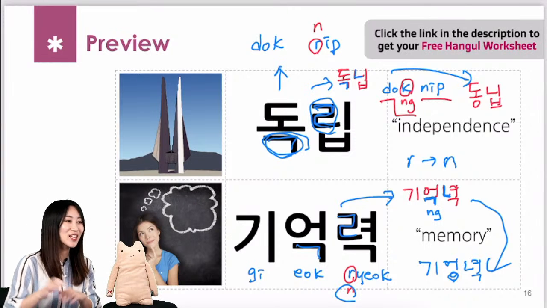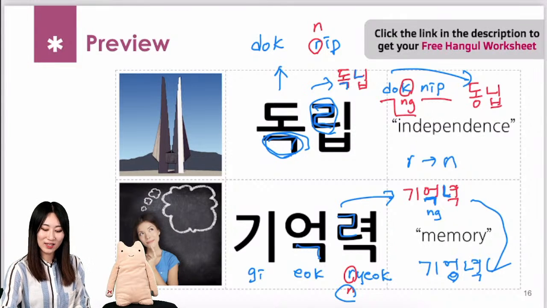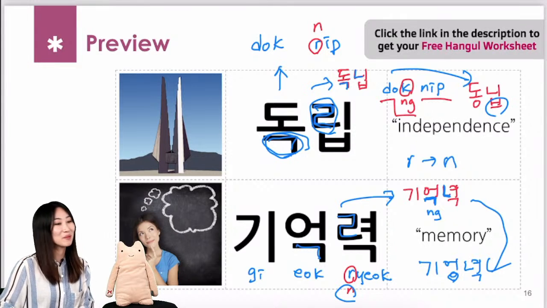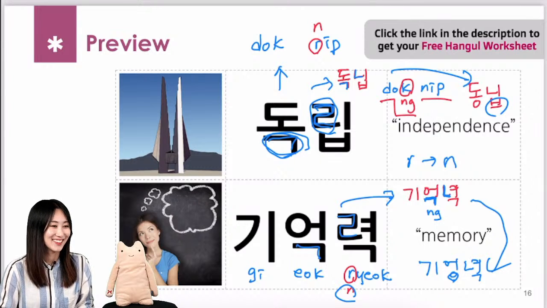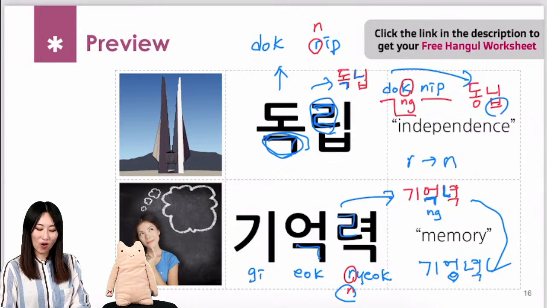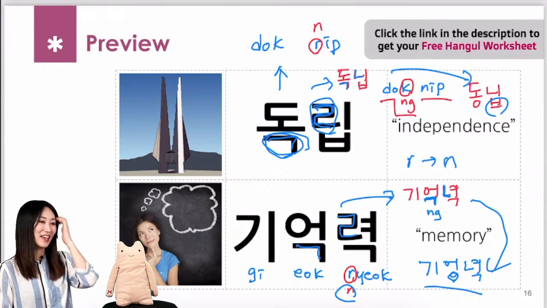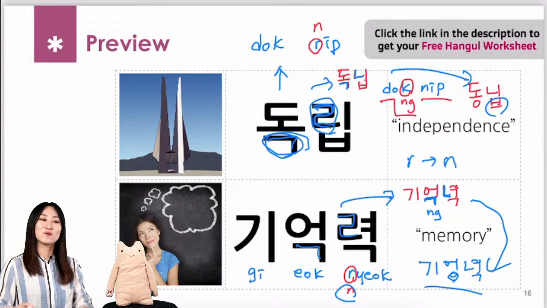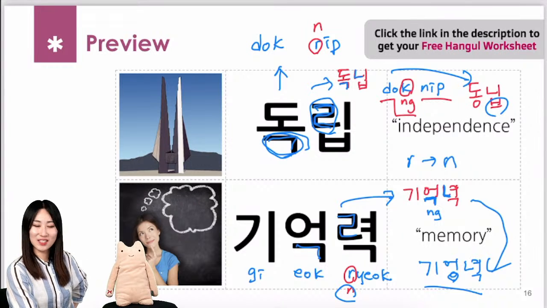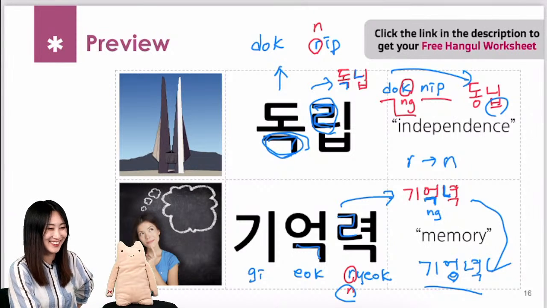And Ellen, 독립 맞아요. 독립. And Fatima, 안녕하세요. Yes, 기억력, this is how we speak more softly, easily. And Rosie, yes, if you're late, you watch this 10 times. It's punishment.